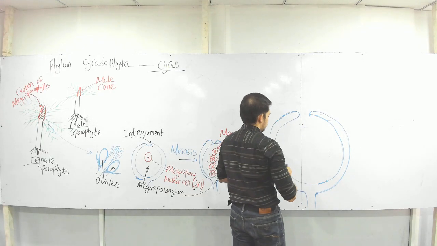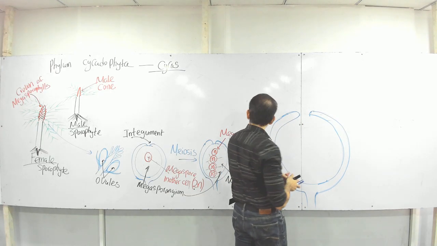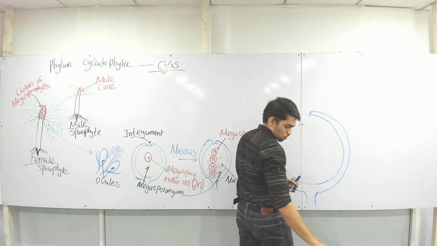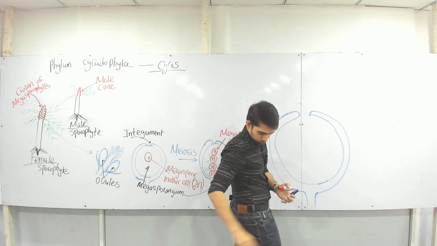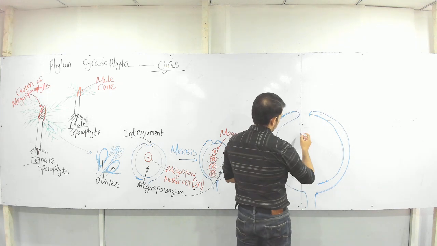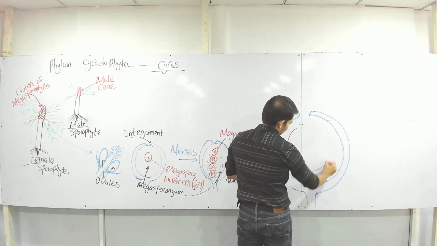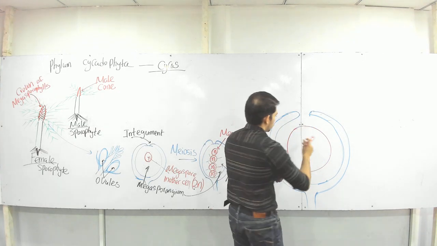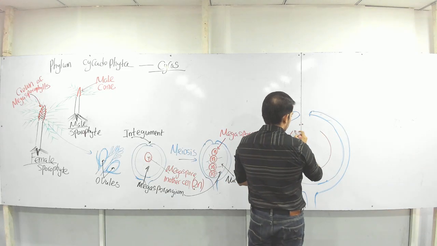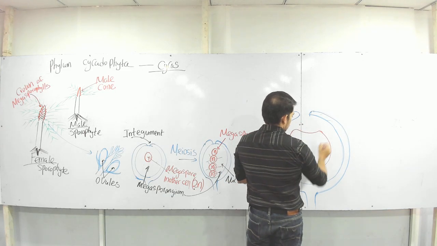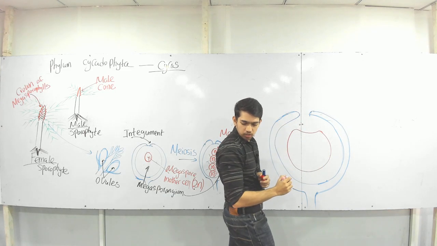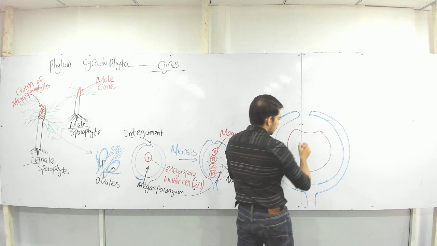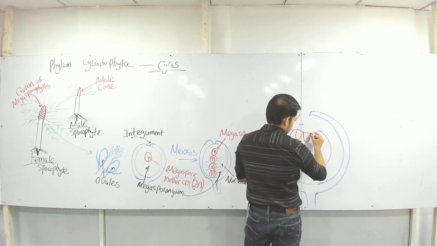So what are the things found inside the mature ovule? You need to have what? A female gametophyte. Female gametophyte has reproductive organs called what? Archegonia.